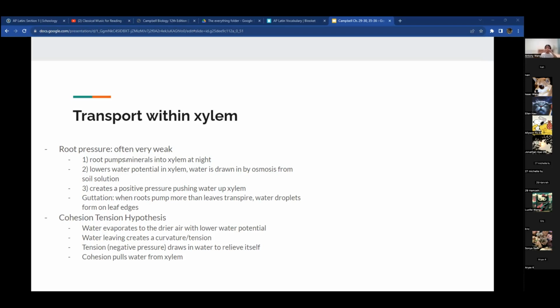But because there's hydrogen bonding between the water molecule that flew off and the water molecule in the xylem, the one that flew off will pull the water molecule within the xylem. As a result, because water evaporated, it pulls all of the rest of the water up.